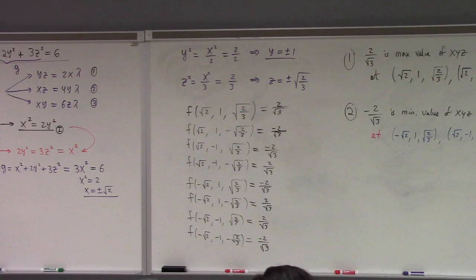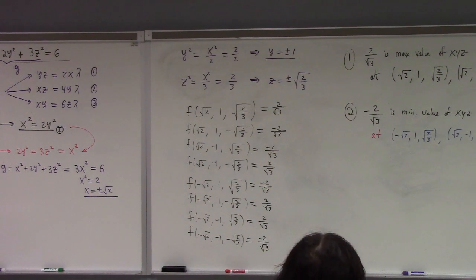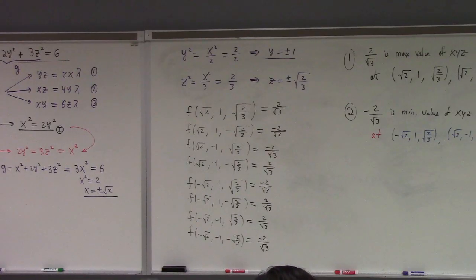So, what example am I on here? 4? All right, so we're going to let x, y, and z be the lengths of the box, right? So x, y, z. We've got box, no lid, 12 square feet of cardboard.